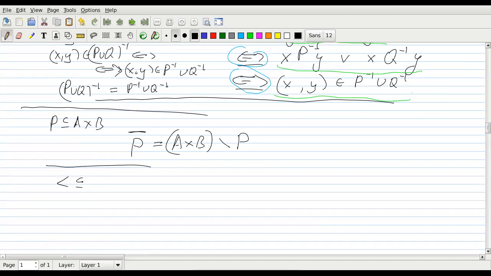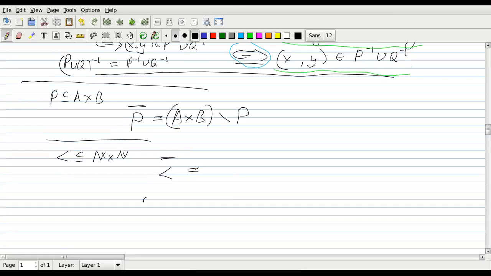Yes. By the way, if you consider less than as a relation on the set of naturals, what is the complement of less than? What does it mean that x is not less than y?